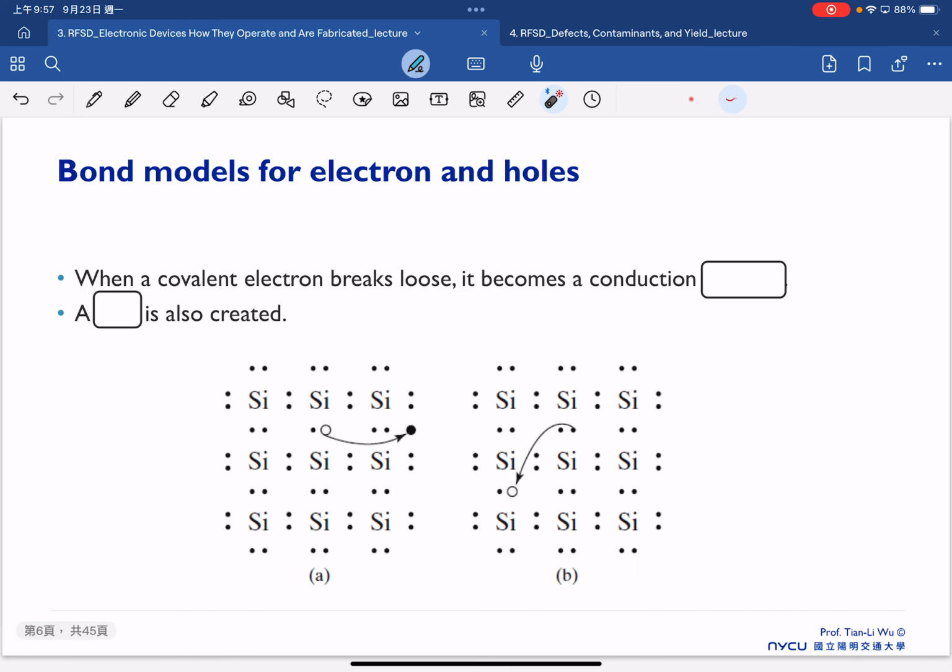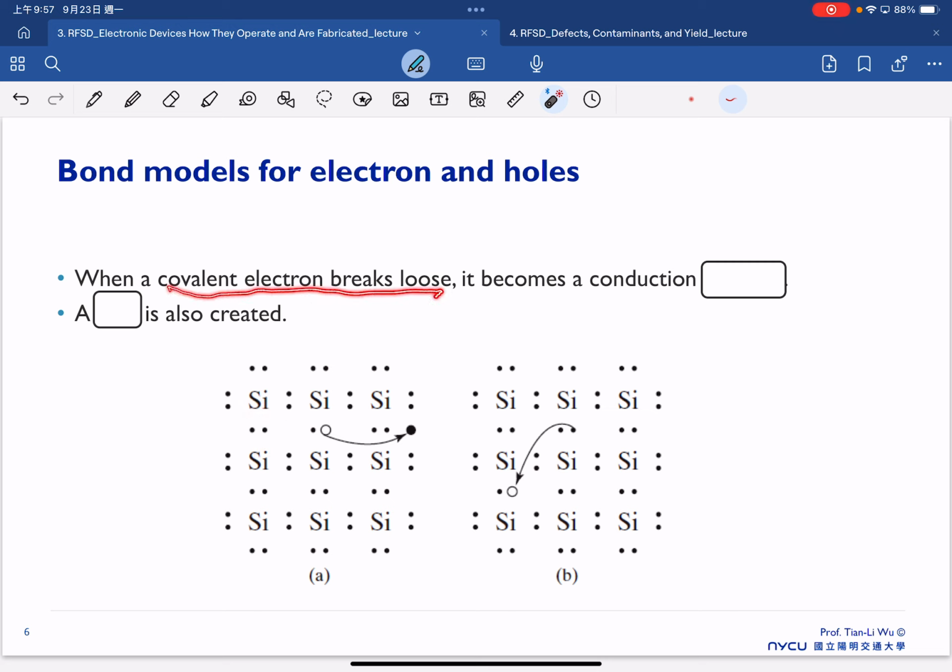We all know the silicon forms covalent bonds with the nearby atoms.